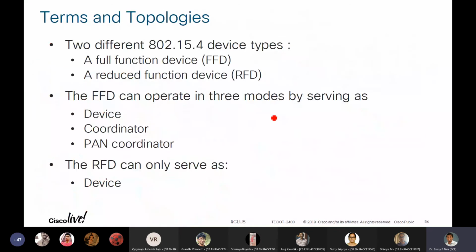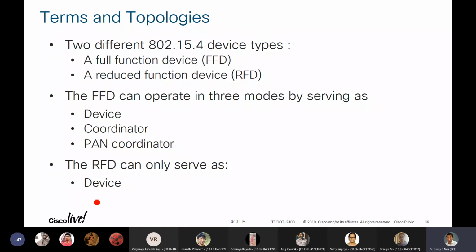But in that kind of scenario, you have two cases. You could have either a full function device or a reduced function device. A full function device can operate in three modes. You can have it working as a device, as a coordinator, or as a PAN coordinator.